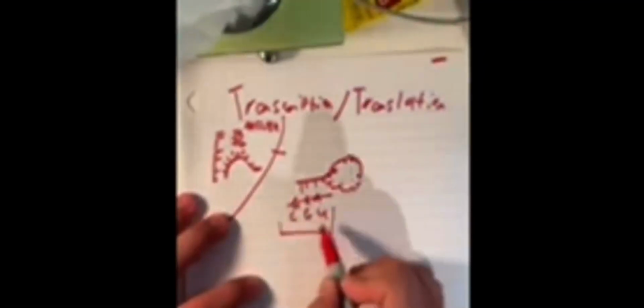After that, what would be referred to as your codon. After that, after the ribosome grabs a hold of it, your anticodon. So then this tRNA has anticodons on it.